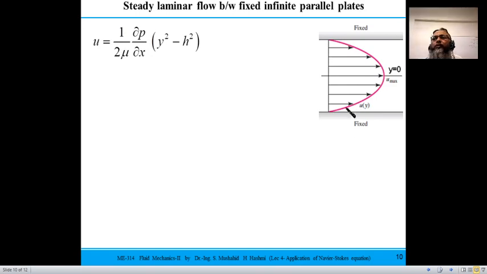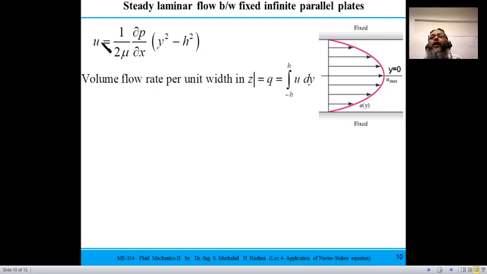So between the two fixed plates, if the fluid is moving and you want to accelerate the fluid or increase the velocity, what you need is to provide the pressure gradient. The more the pressure gradient, the more the velocity. This is how the equation relates and how changing the parameters affects the magnitude of the velocity in the x direction.